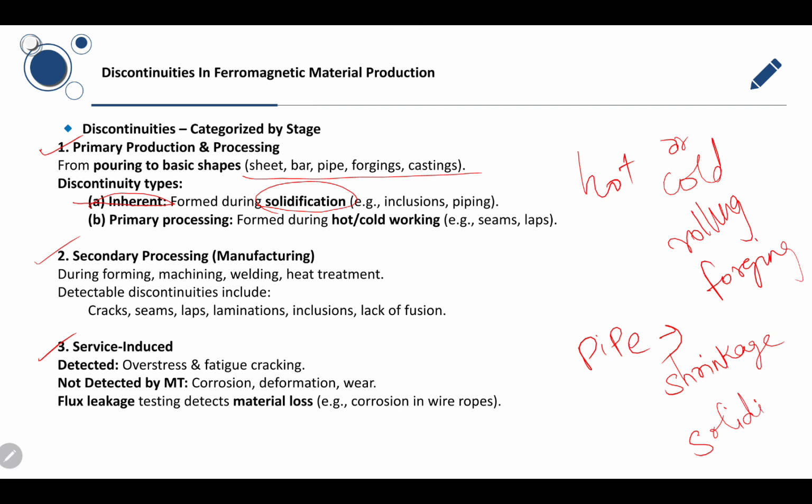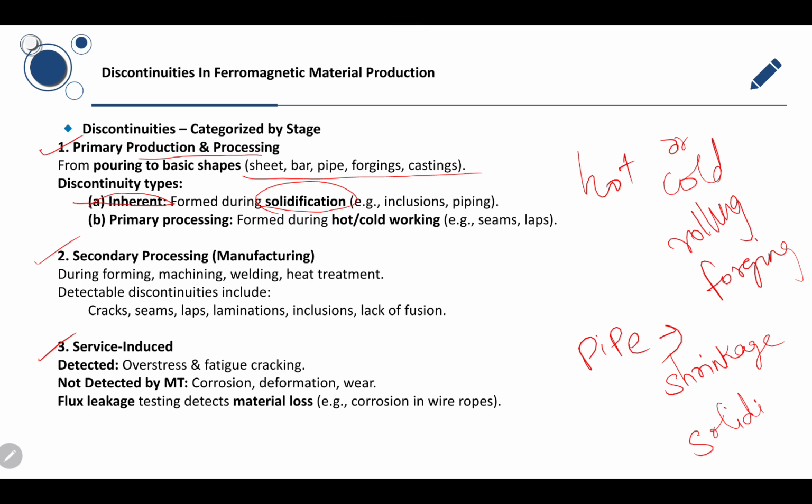Think of it like a void that forms at the top or center of an ingot or continuously cast shape as the metal cools and shrinks. If this is not properly cut off, it will show up in the semi-finished products. So, these are the primary production and processing discontinuities.